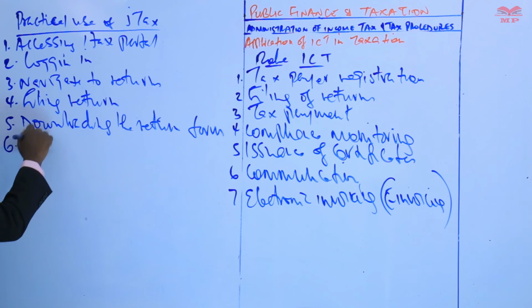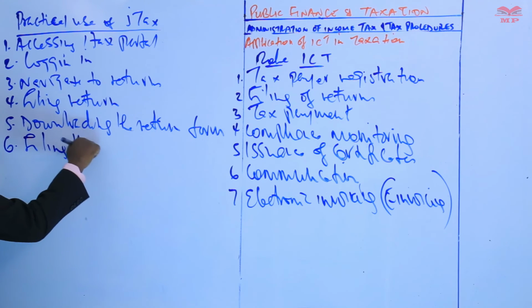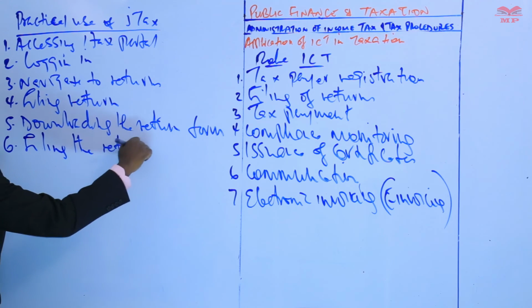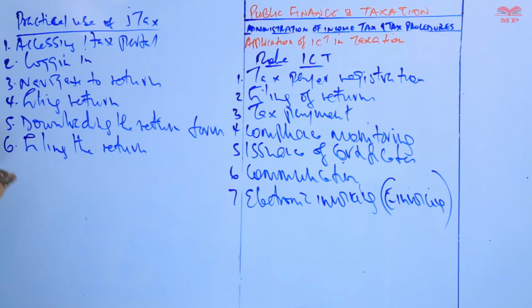You download the provided template, often in Excel format. You enable macros and fill in the relevant financial data. It could be income, expenses, deductions, and so on, and ensure accuracy as per your records. Then you save the completed return. That is offline forms.